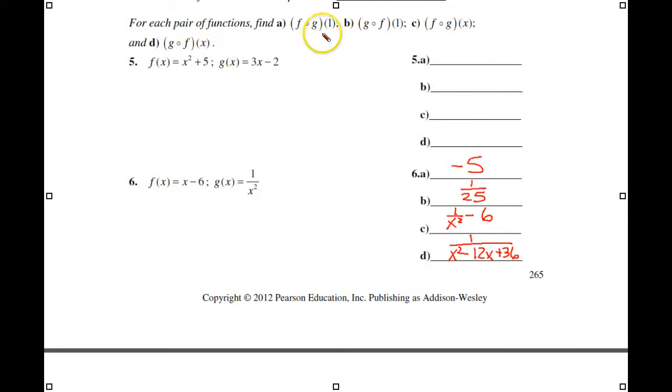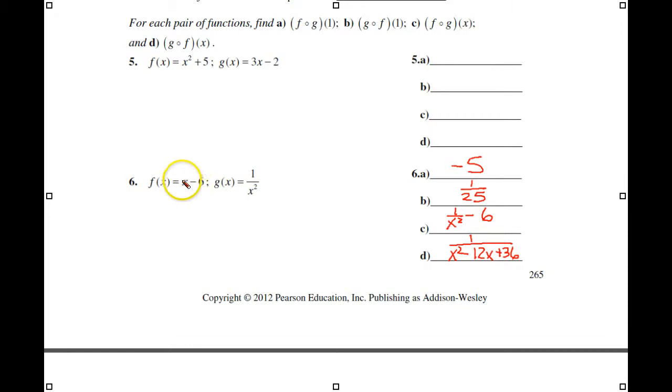So here, if f of g for our first one, we'll look at what g is, and our x value is 1. So where g is, our x value is 1. So 1 over 1 squared is 1. 1 over 1 is 1.